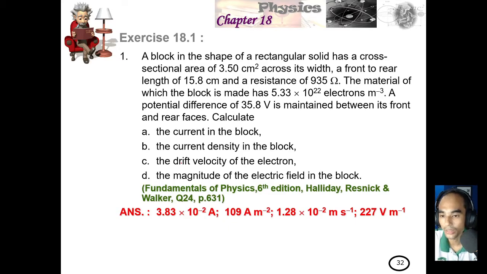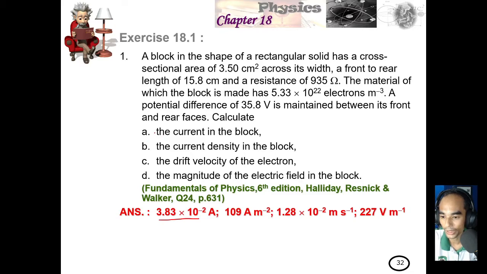So for this question that I give you, you can pause the video, take your time and do all of the questions, and then you can check the answer with the red writings at the bottom.